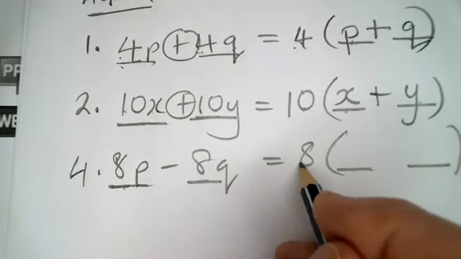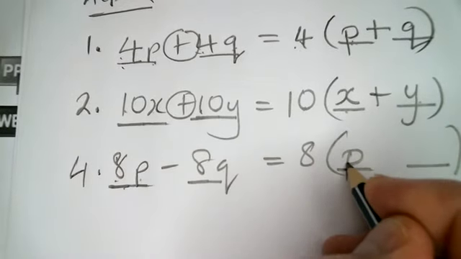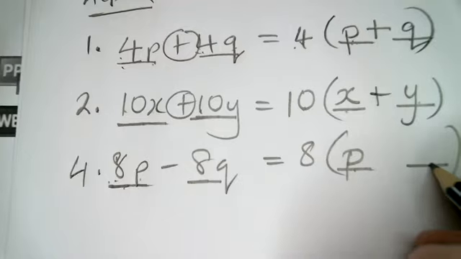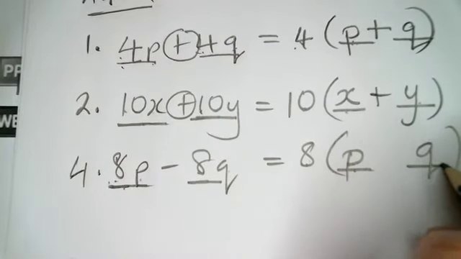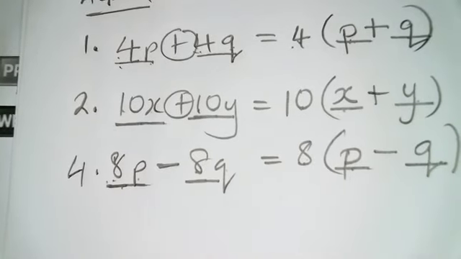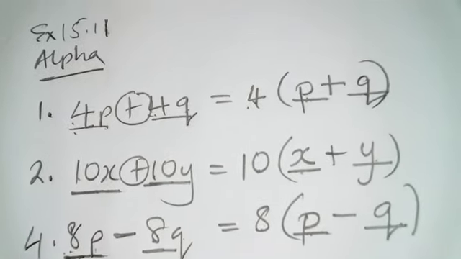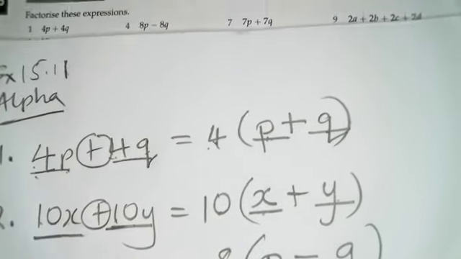And we ask, 8 times what makes 8p? Well, 8 times p makes 8p. And what times 8 makes 8q? Well, 8 times q would make 8q. A negative in the middle, I put a negative in the middle. And there's my answer.